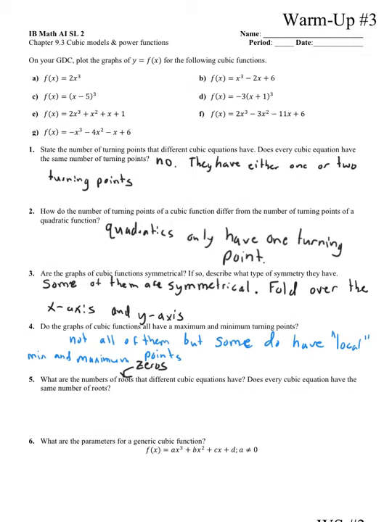So there's a slight difference between zeros and x-intercepts. The way it works is all cubic functions have 3 zeros.